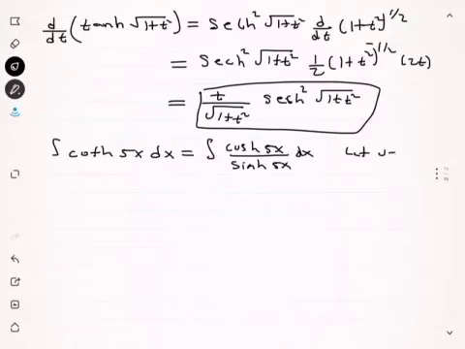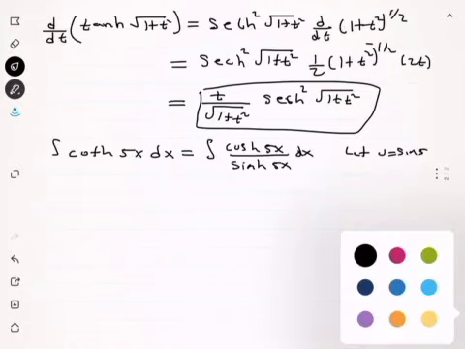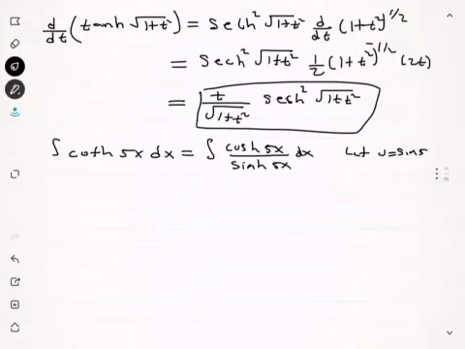Now we're going to let u equal hyperbolic sine of 5x. Let me go ahead and erase it because the x doesn't look good.